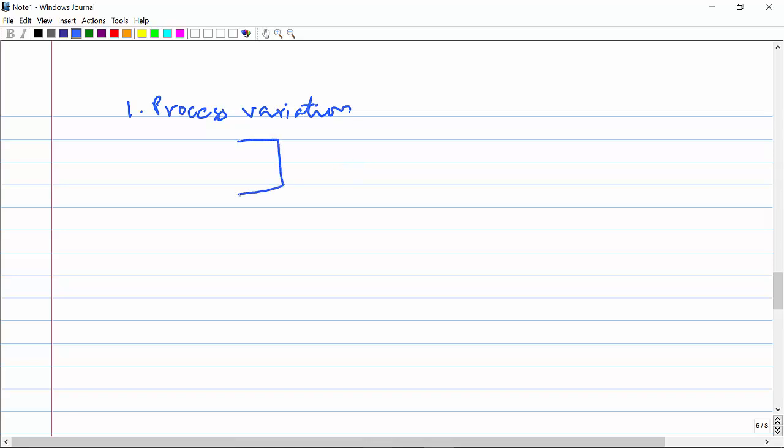So when we simulate the process variation, assume this is my IC and I have these two resistors here, and when I simulate the Monte Carlo analysis only for the process variation, both the resistors will be exactly the same.